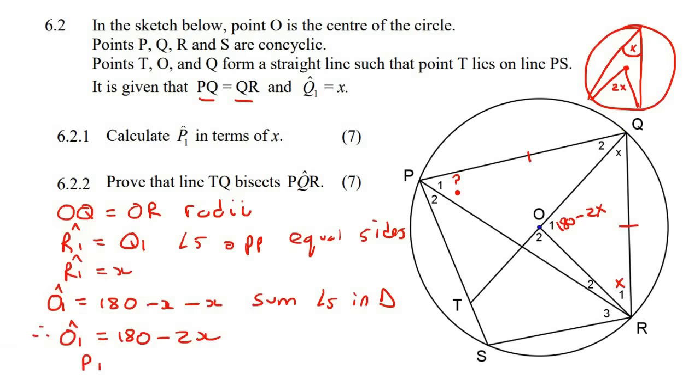is that P1 is just going to be half of angle O1. Because you could say O1 is double P1, or you can just say P1 is half. It's the same thing, right? And that's because the angle at the center is equal to 2 times the angle at the circumference.